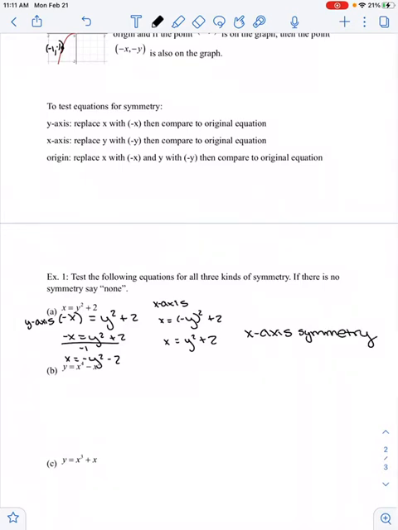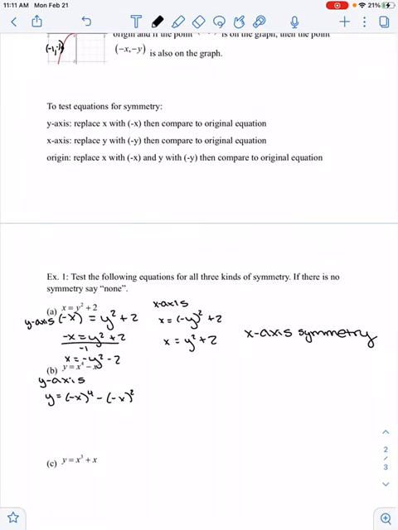All right, moving on to the next one. Again, let's start with y-axis and plug in negative x's. So y equals negative x to the 4th minus negative x squared. Don't forget to plug in a negative x for every x in the equation.